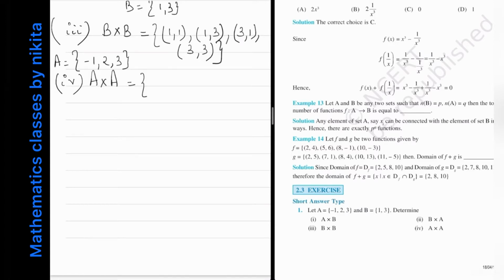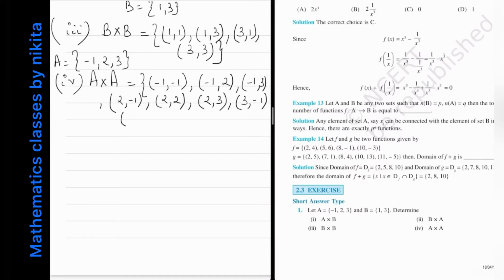Therefore A cross A will be (-1, -1), (-1, 2), (-1, 3), (2, -1), (2, 2), (2, 3), (3, -1), (3, 2) and in the last you will have (3, 3). You can see that it has 9 elements.